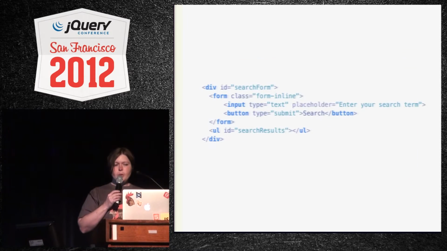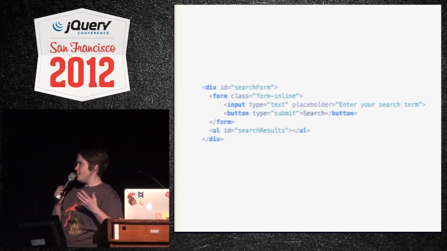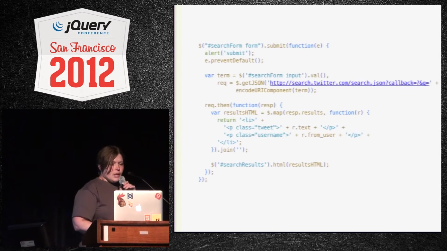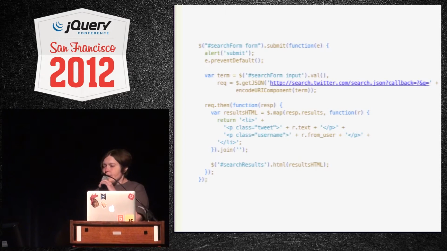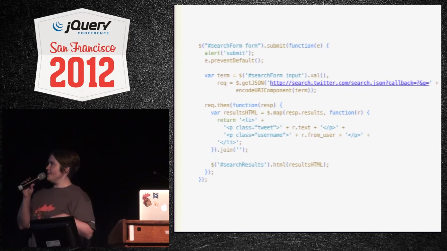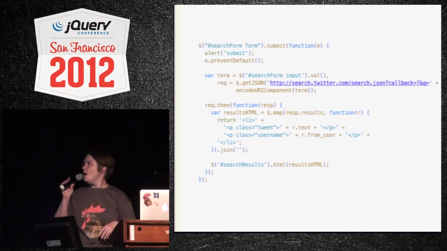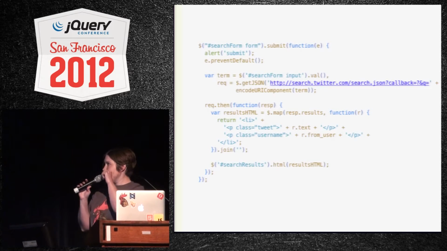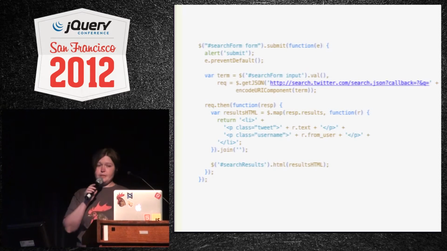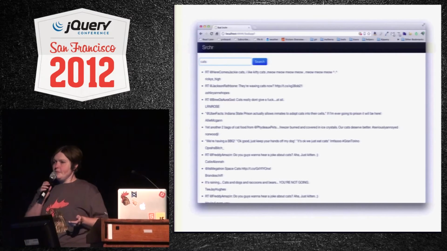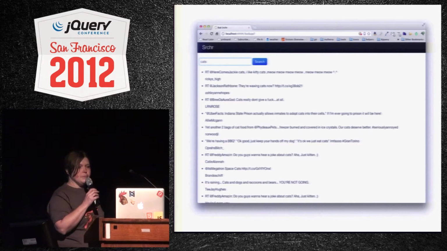And that's pretty cool, because it means that you can take some markup that might look like this, just a little search form or whatever, and you can write some JavaScript that looks like this, and this uses the new deferreds functionality, so that's pretty cool. You can take that HTML and write some JavaScript that looks like this, just 15 lines of JavaScript. And from that, you end up with a working application. Boom, done. It's pretty great.